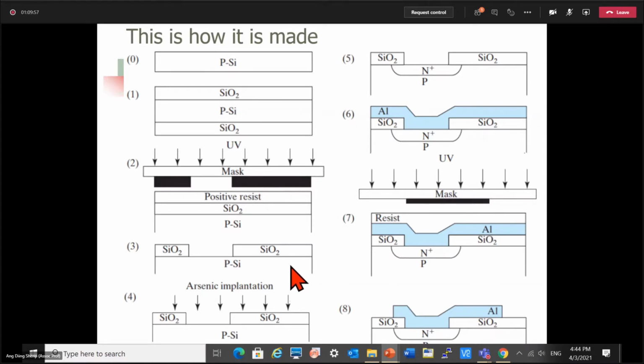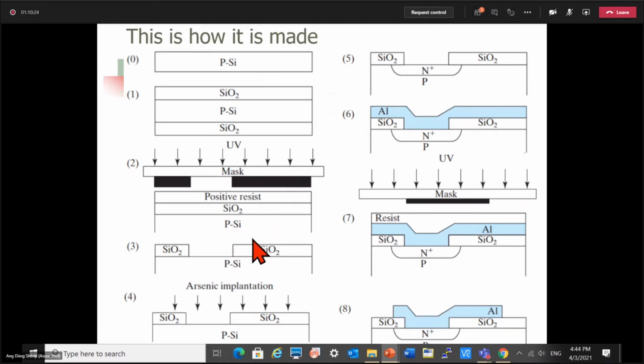Just now I mentioned that the photoresist which is exposed to the UV light will be chemically changed, so that can be removed, and the photoresist that is not exposed to the UV light will remain.